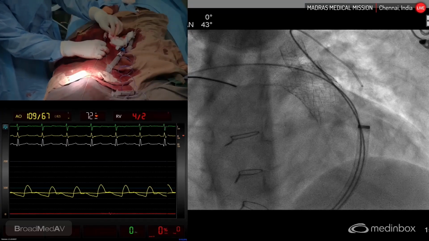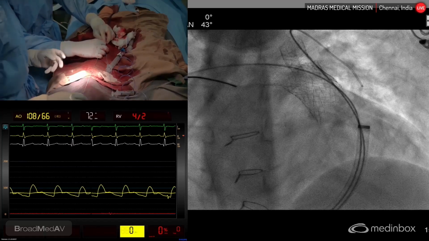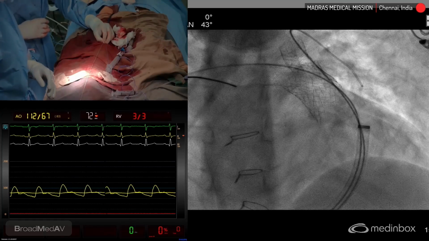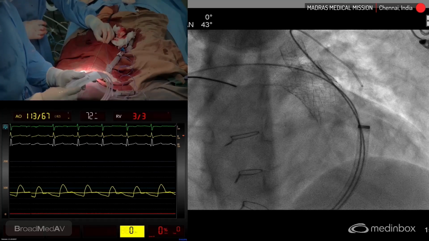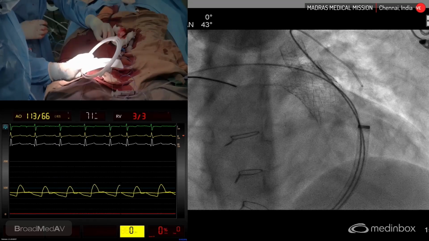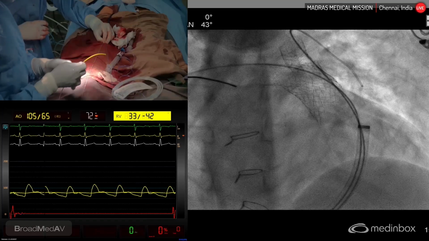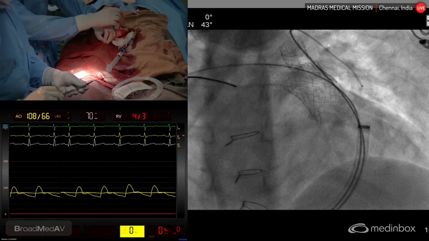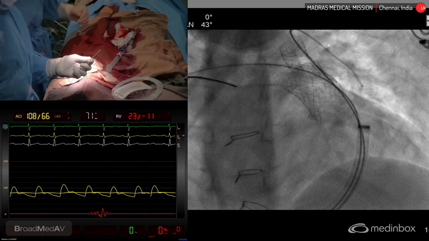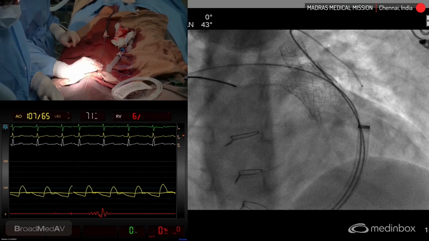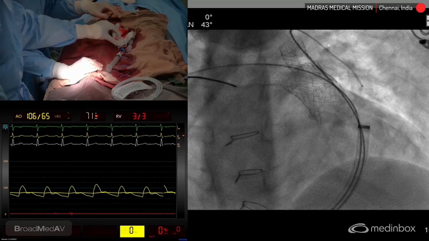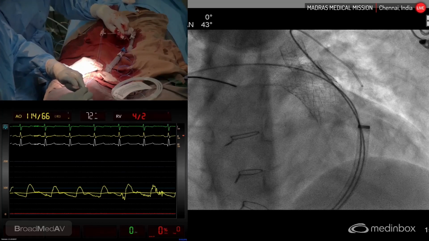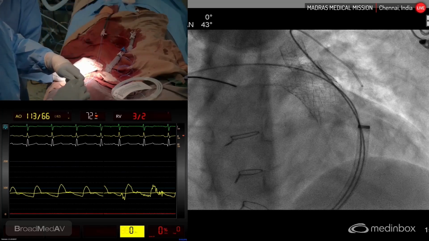So open the Armada balloon 14 into 4. Indeflator again. Remove those wet gauze pieces.